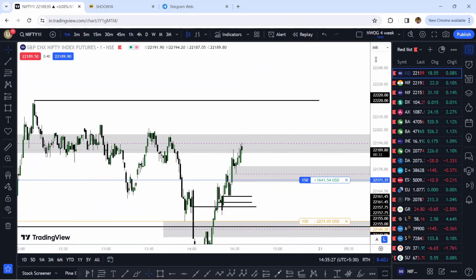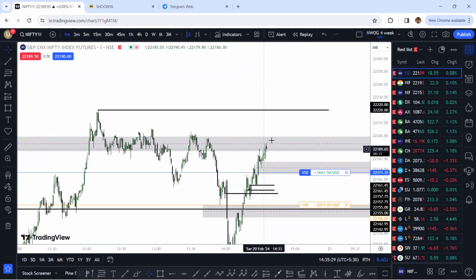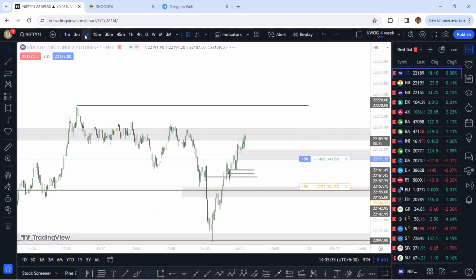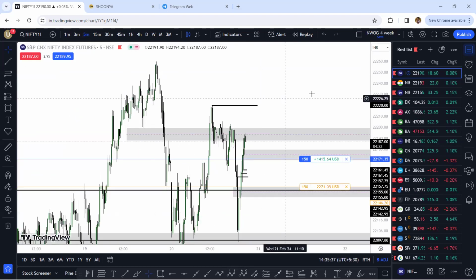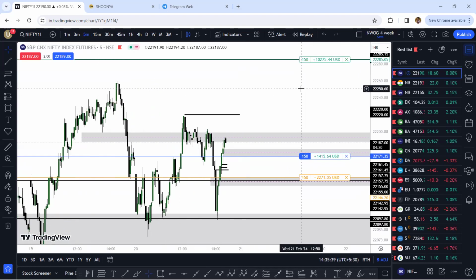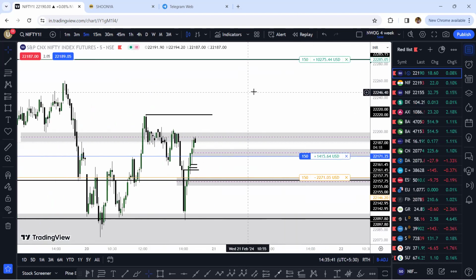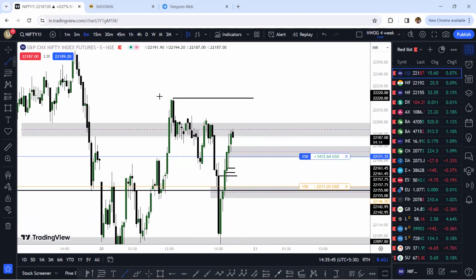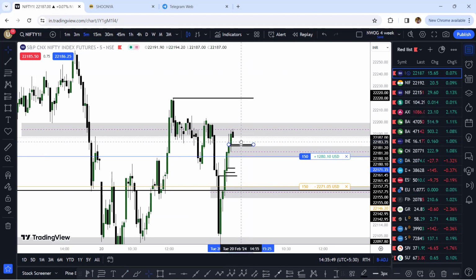I'm waiting for that one very strong candle. Now this should really support the prices. I'm waiting for that support to actually form. The momentum is good. You see this volume imbalance, all of these things are a sign that it can provide support to prices here.